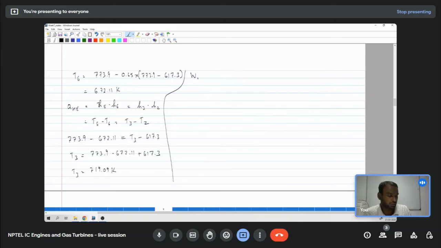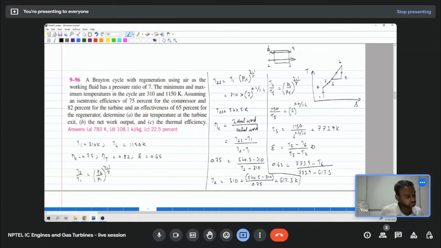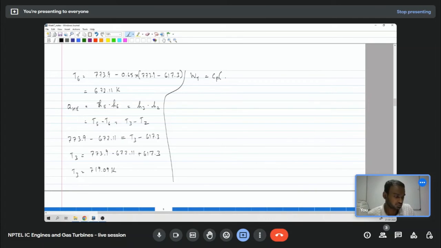So turbine work is Cp into T4 minus T5. Similarly, compression work is Cp into T2 minus T1. So turbine work is 1.005 into (T4 minus T5).